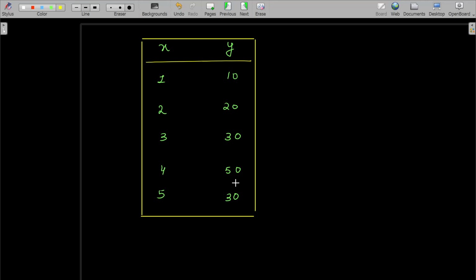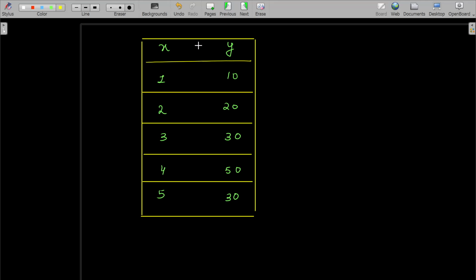No, they're repeated in the y value. So you identified one thing correctly, that there are two 30s, but they are not coming from the same x value. See here, 3 is getting mapped to 30 and 5 is getting mapped to 30, which is absolutely fine, right?